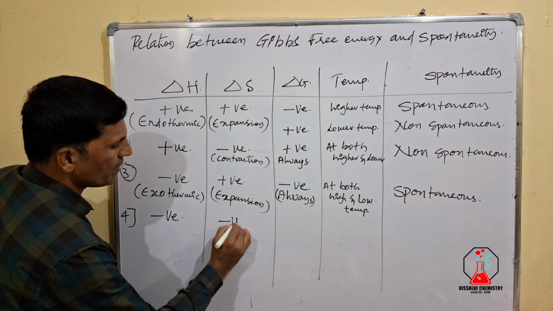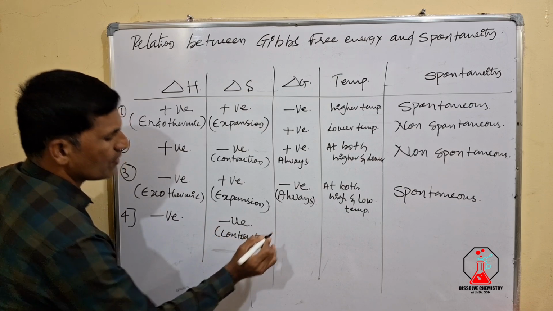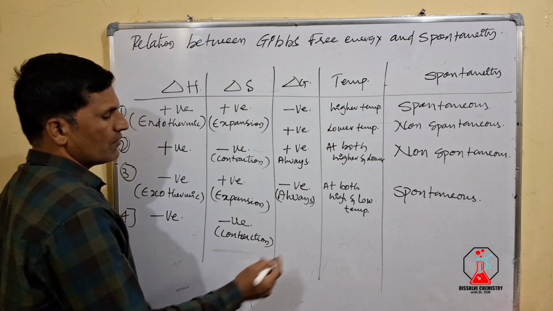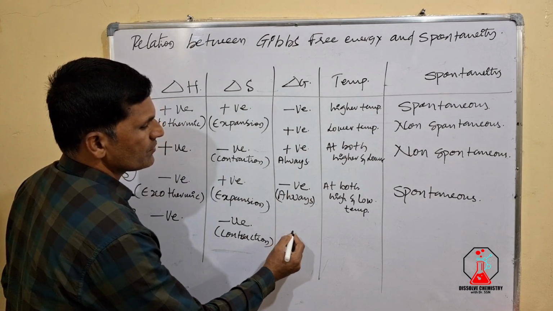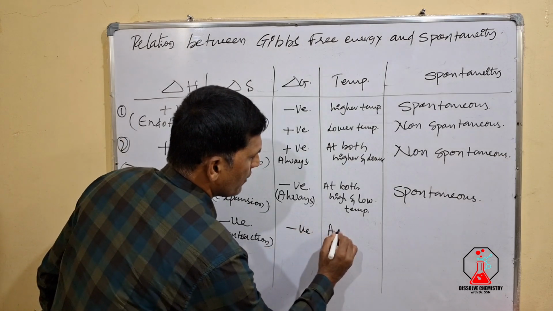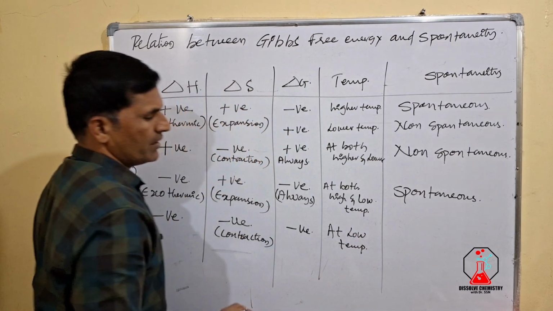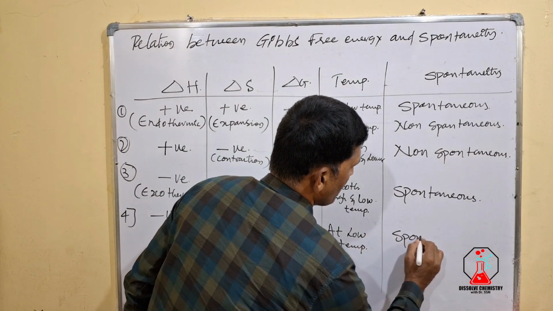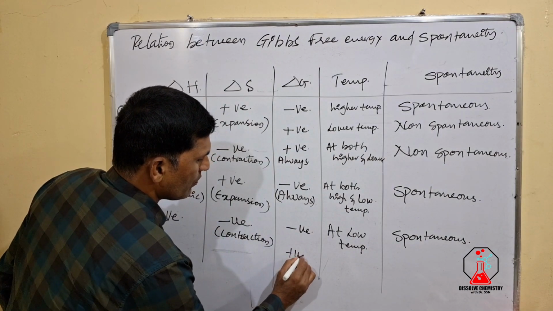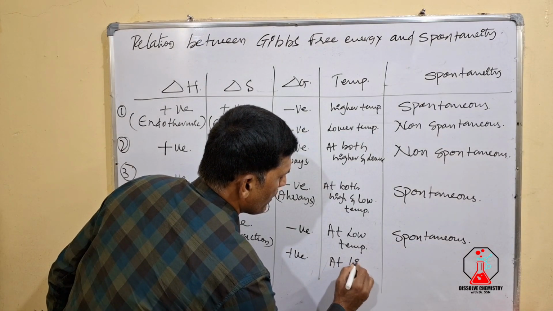Now we will take when it is also negative, meaning contraction. Heat is given out, along with that it is undergoing what? Contraction. Meaning entropy is decreasing or it is negative. So then what happens? Delta G will be negative at low temperature, meaning spontaneous at low temperature, and positive at high temperature.